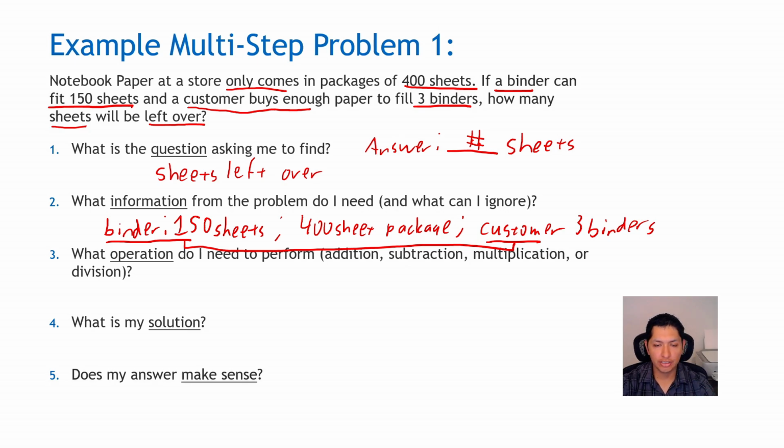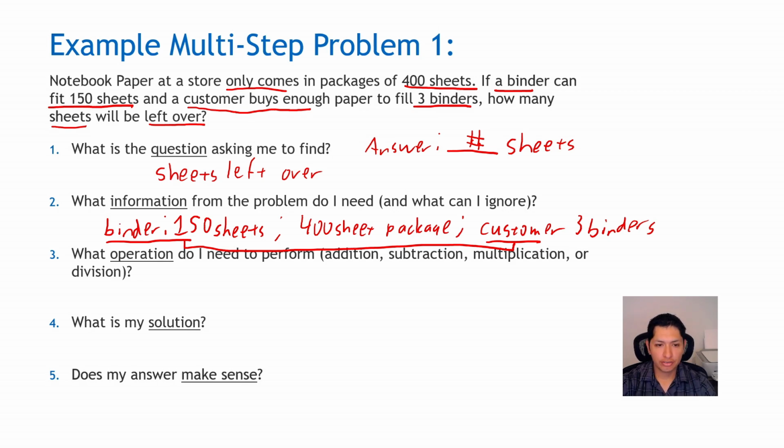So now that I've decided the information, I'm going to go to number 3. Number 3 says, what operation do I need to perform? And here is where the multi-step problem differs. Because before you only needed to do 1 operation, but now you actually need to do more than 1, right? So what operation or operations do I need to use? Well, let's look at the problem.